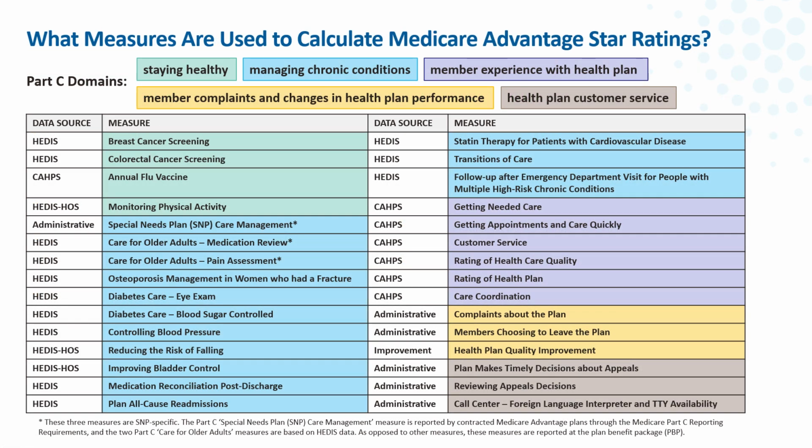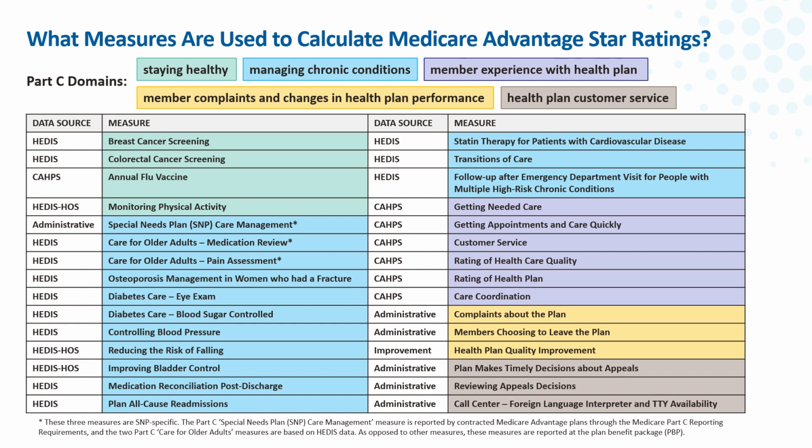So starting with Part C measures, these are listed in the table here and grouped together into the 5 domains we just reviewed. The domains are listed just above the table, and each set of domain-specific measures has been shaded a different color. The relevant data source for each measure is also included in the table.